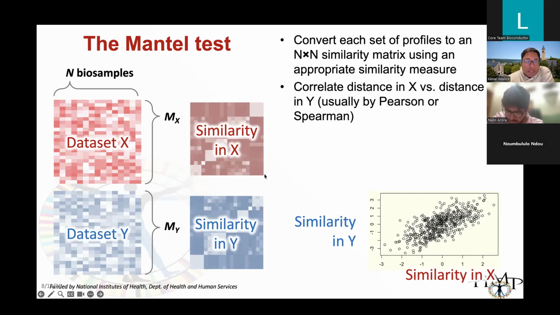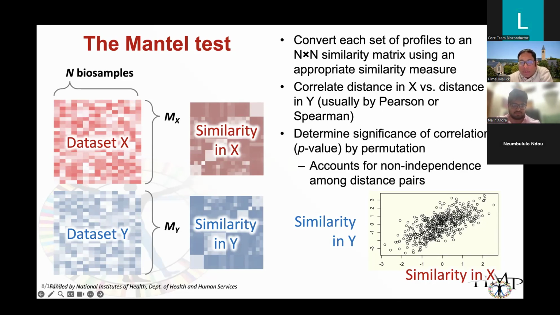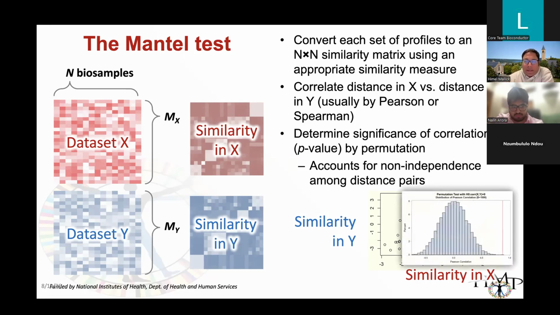If you don't have the same number of features in dataset X and dataset Y, with the similarity matrices, you now have the same number of subjects, because it's an n by n similarity matrix if you have n samples. Then you can simply vectorize that similarity and calculate correlation and get the significance using permutation tests. So that's the idea of the Mantel test.